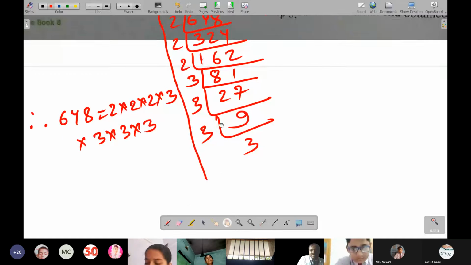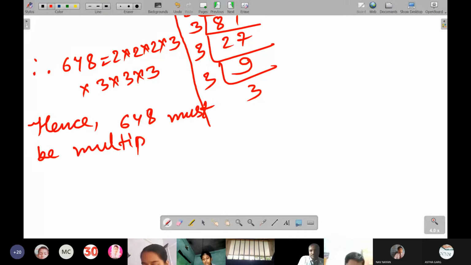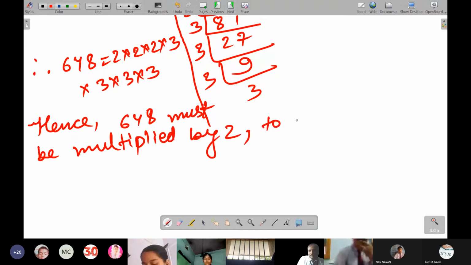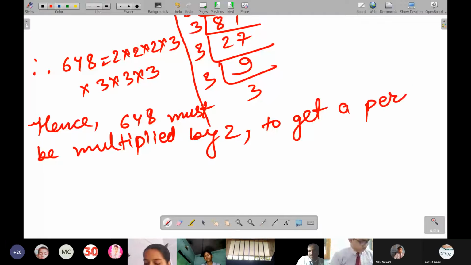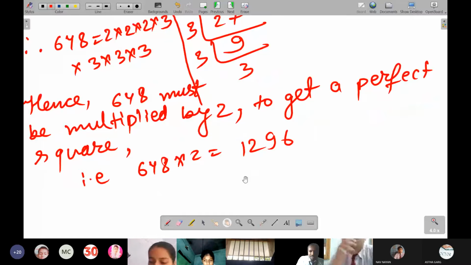You can write hence 648 must be multiplied by 2 to get a perfect square, that is 648 into 2, it will become how much? 1296, and its square root will become how much? Of course, it has been said to find the square root also.